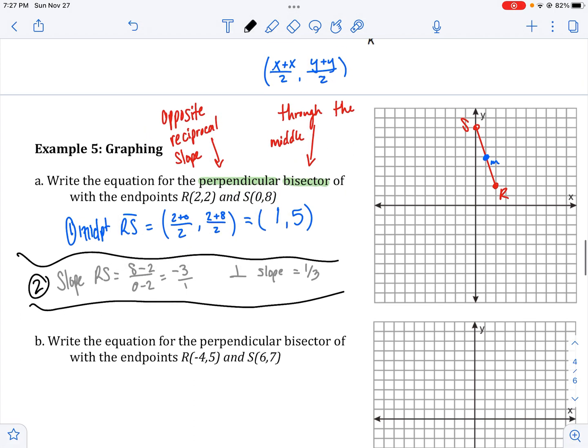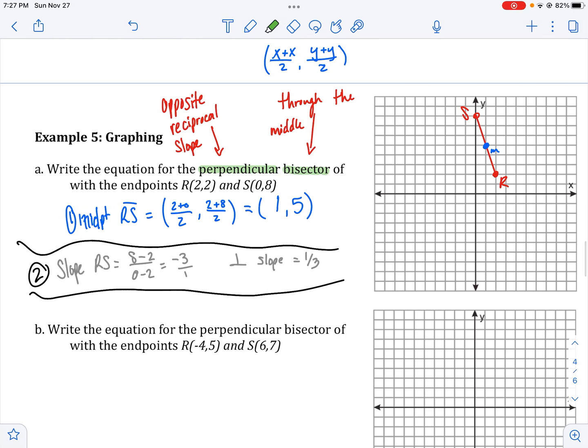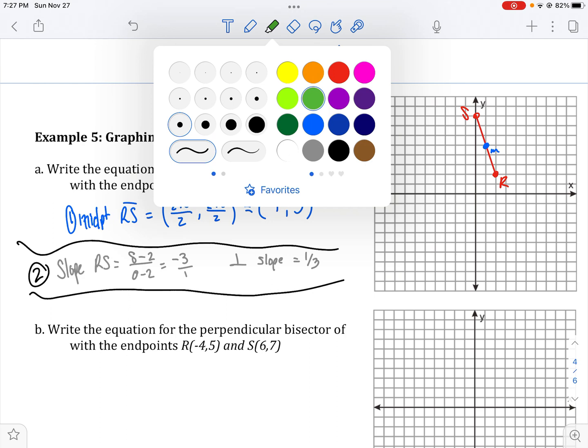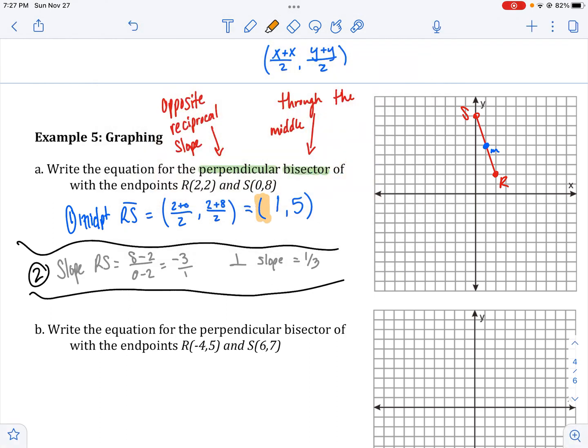So I need to write the equation of a line through my midpoint with this slope. The only way that I know how to do that is, maybe I should change to a different color. Maybe I'll change to orange.